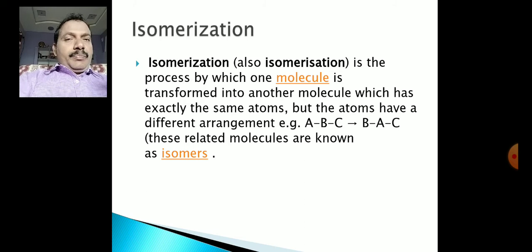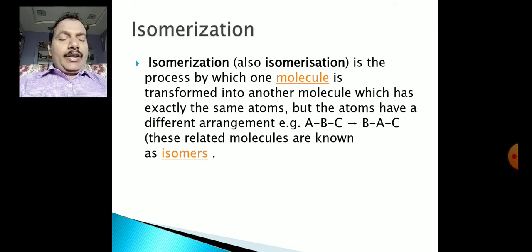The next important process is isomerization. This is the process by which one molecule is transformed into another molecule which has exactly the same atoms, but the atoms have a different arrangement.